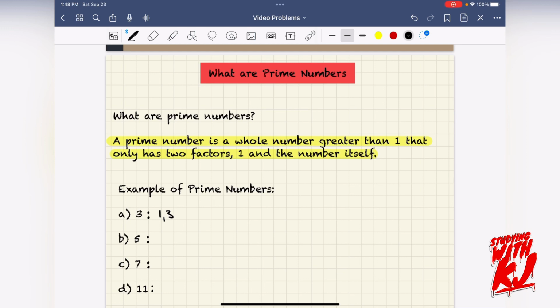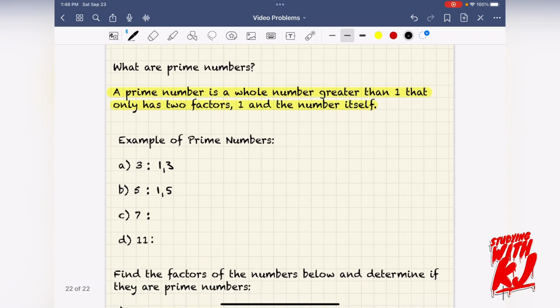Same thing goes for B. B, which is 5, only has two factors, and those factors are 1 and 5. Only those two numbers can be multiplied together to make 5, and only those two numbers can be evenly divided into 5. So that makes 5 a prime number. 7, same thing.